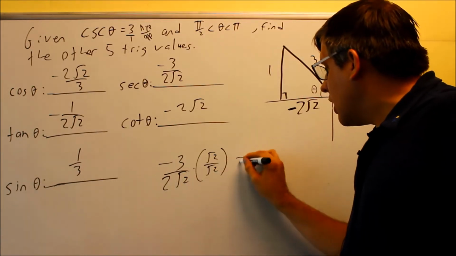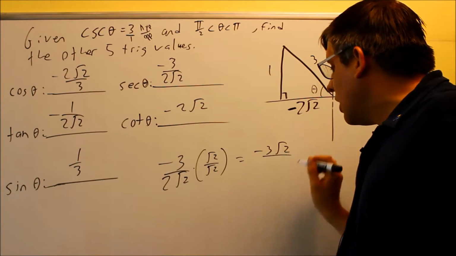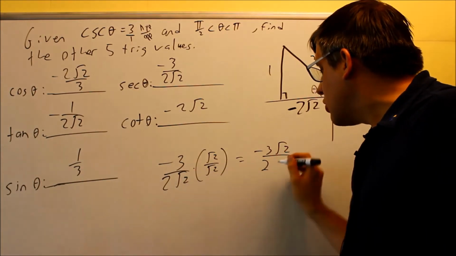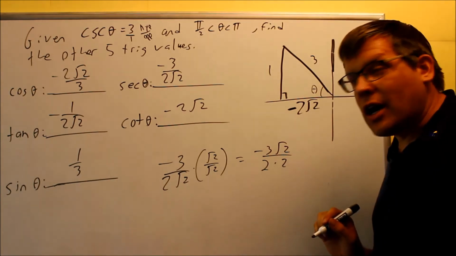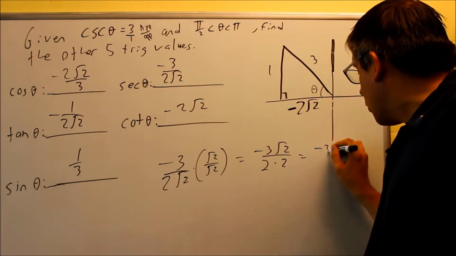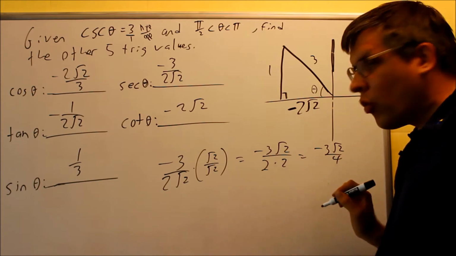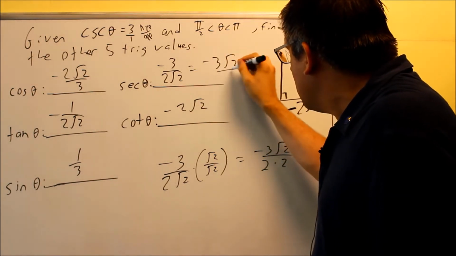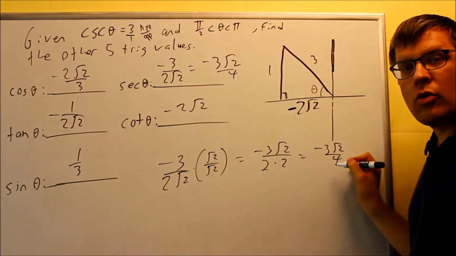When you do that, you get negative 3 radical 2. In the bottom, we get 2, but then we have these 2 multiplied, and you're going to get another 2 out of that. So that's going to give you negative 3 radical 2 over 4 as your final answer. That's the correct way to rationalize.